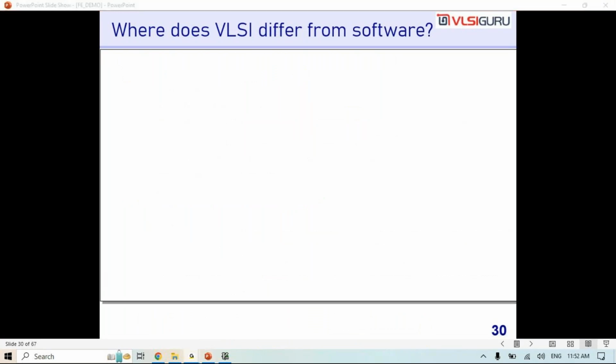Next. Where does VLSI differ from software? Tell me. We just now discussed. Where is VLSI different from the software domain? Backend domain. VLSI needs a backend domain. Software doesn't require a backend domain flow.